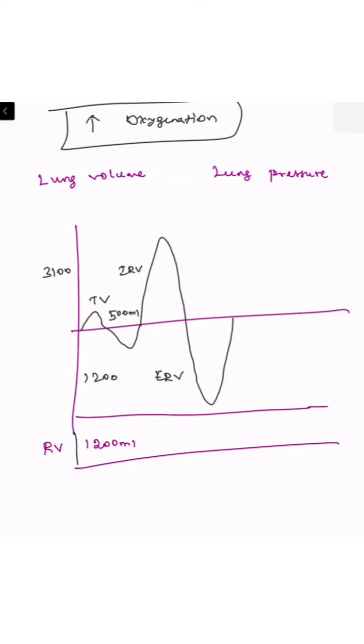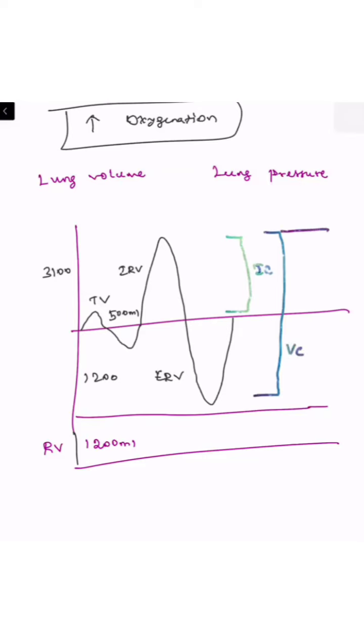So what is functional residual capacity? This is nothing but the combination of expiratory reserve volume and residual volume. Normally a capacity is the combination of two or more volumes. Tidal volume and inspiratory reserve volume together are known as inspiratory capacity. If you add the expiratory reserve volume to the inspiratory capacity, this is vital capacity.